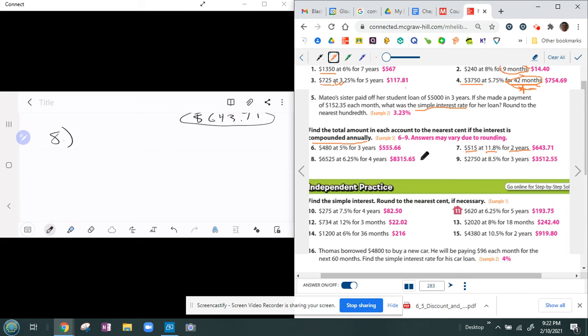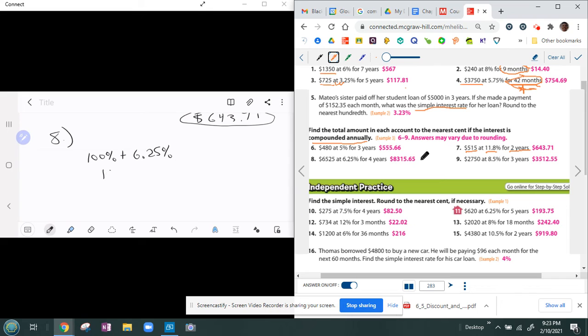Number 8. Okay, we got to do it for 4 years. All right, I'm doing a shortcut. Okay, this is a percent increase. So remember we learned percent increase or percent markup? This is just like a markup, okay? We're taking a little percent and we're adding it on. So what you can do here is I'm going to do the 100% plus the 6.25%, okay?